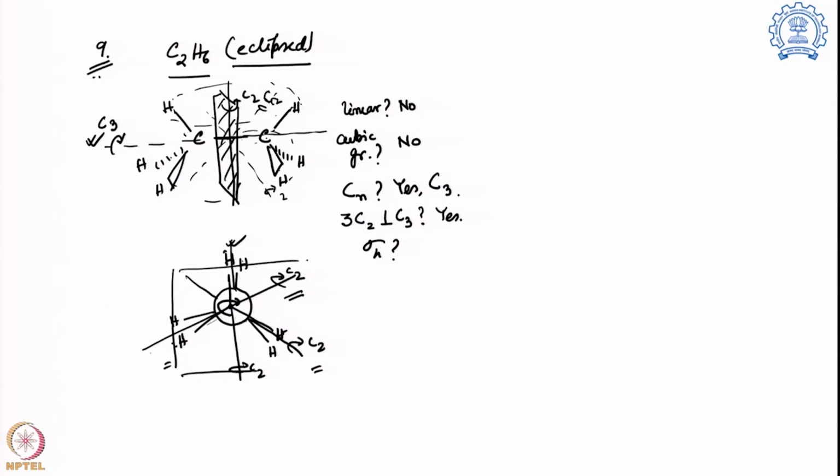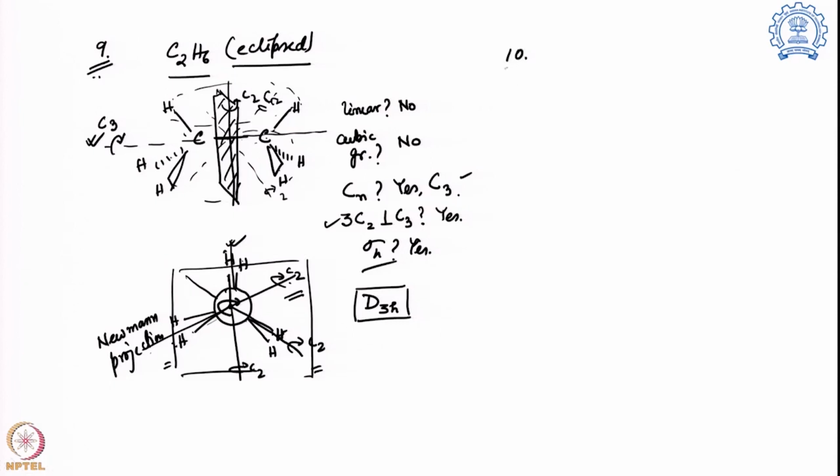In this molecule, on the top of the Newman projection there is a plane, perpendicular to the board, and over here you can say yes, the sigma h is present because all of them are reflecting on their own, hydrogen to hydrogen, carbon to carbon. So, it is present. The molecular point group of this molecule will be D3h because it has a C3, 3 C2 perpendicular to C3, and also a sigma h.